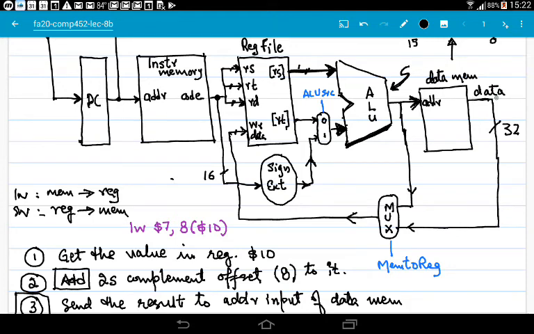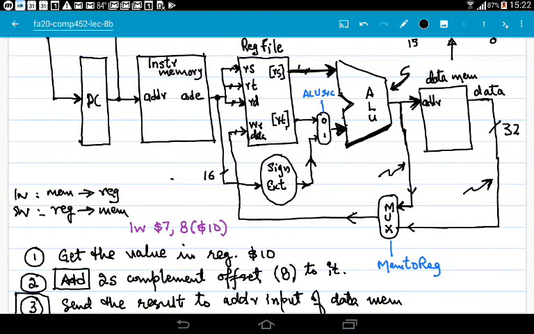Data memory is going to present data at its output port, and that 32-bit data will go to the input of a mux, and this ALU result will also go directly to the input of the same mux. Since this is a load word instruction, we want to store the data coming from memory in the register, not the data coming from the output of ALU.